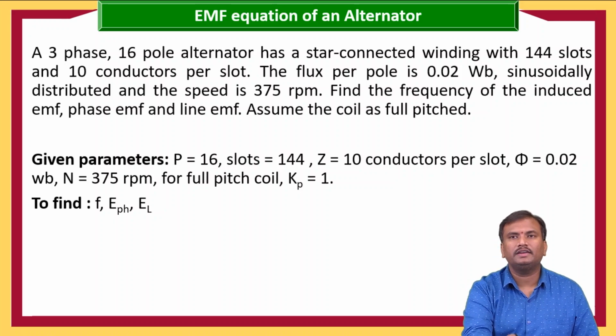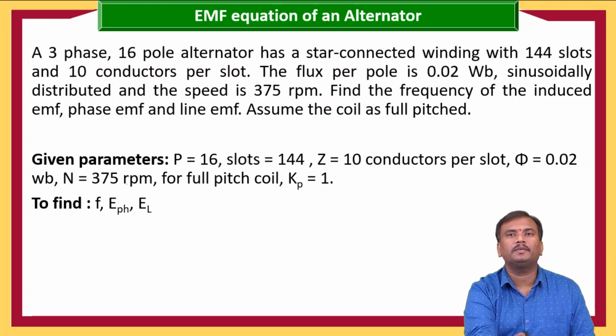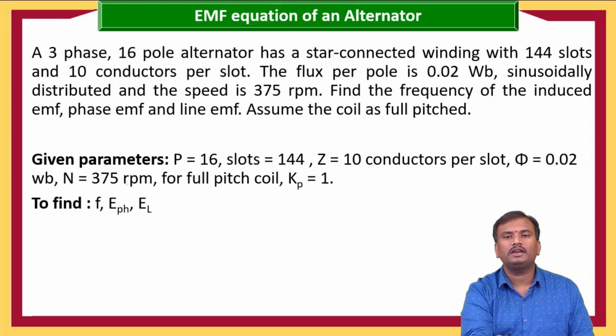Here the given data is number of poles as 16, slots is equal to 144 and Z is equal to 10 conductors per slot. Phi is equal to 0.02 Webers and N is 375 RPM. For full pitch coil, Kp is equal to 1.